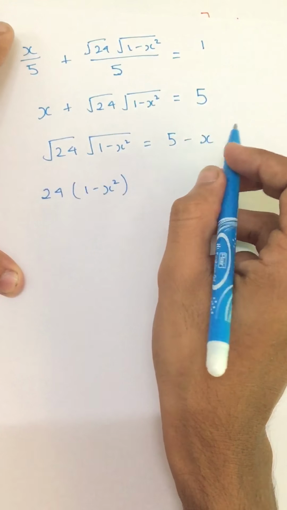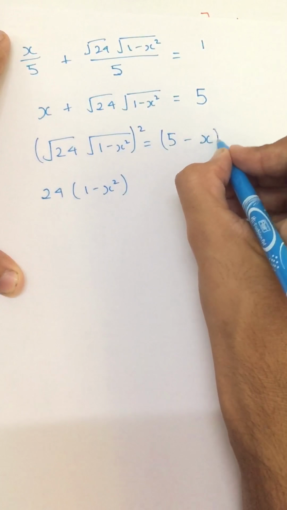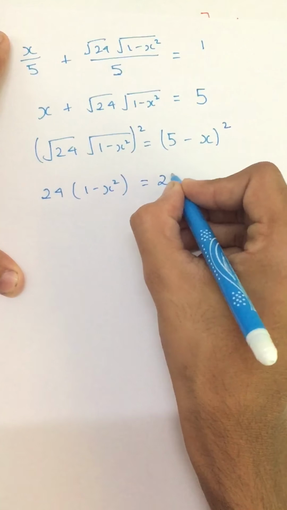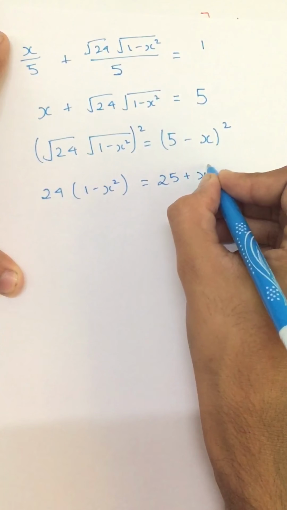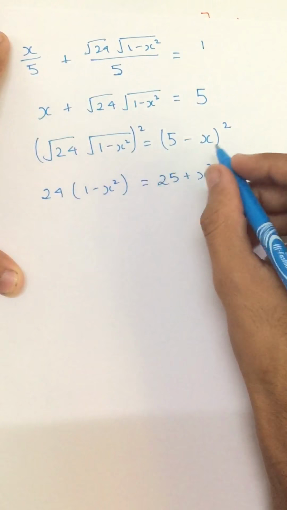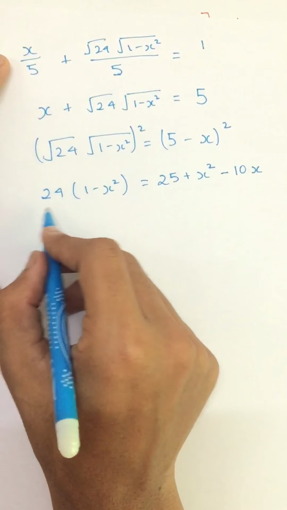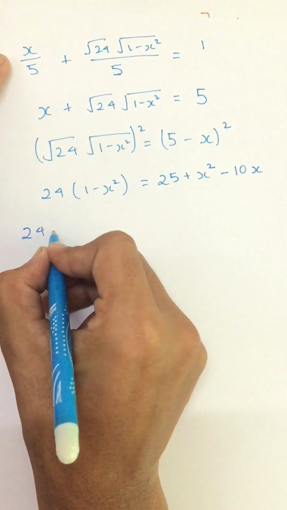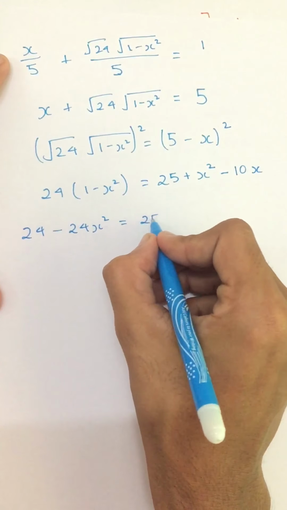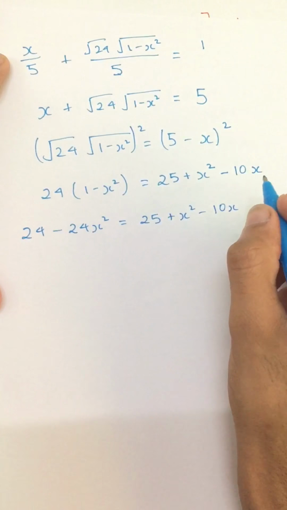Applying a minus b whole square over here, a minus b whole square is a square, that is 25, plus b square, that is x square, minus 2 into a into b, 2 into 5 is 10, that is 10x. Opening the bracket, I will get 24 minus 24x square equals to 25 plus x square minus 10x.